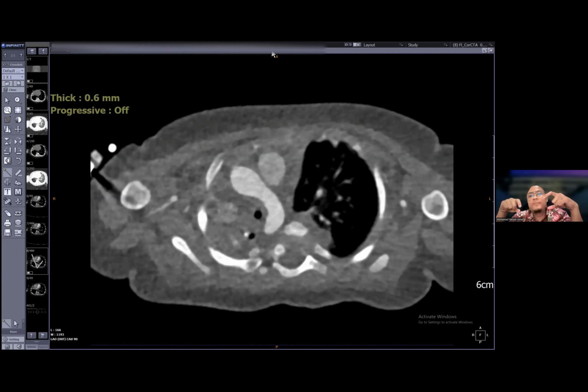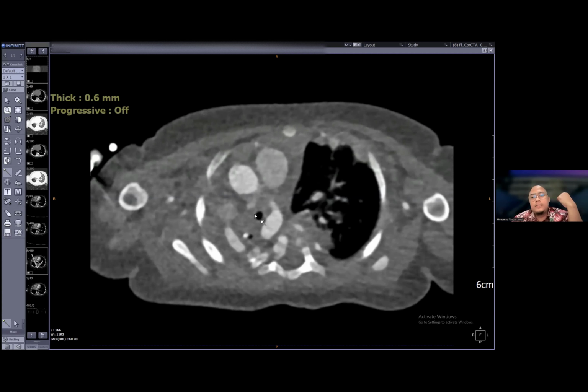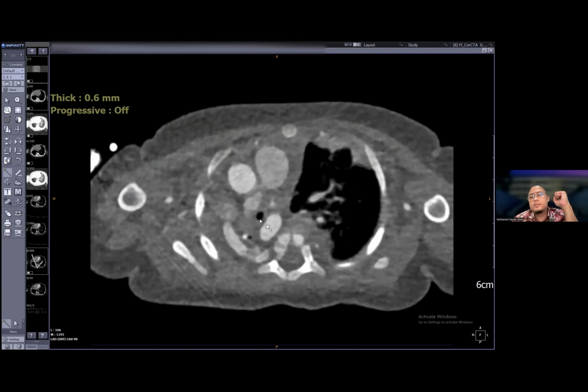Usually, as we know, the cartilaginous trachea is a C shape with the membrane in the posterior. But in the case of pulmonary sling, we can see here the trachea is quite circular. So we need to be aware and careful about this trachea, because this patient might have a full cartilaginous trachea.